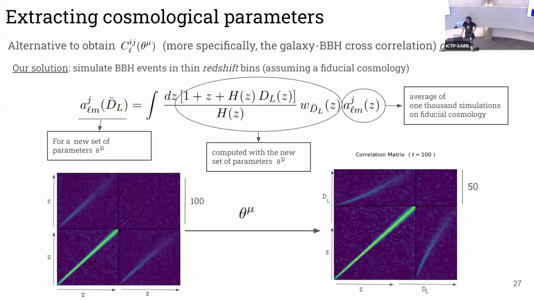Did you try to validate this trick of calculating the ALMs versus just computing 1,000 simulations per cosmology and then compare the chi-squares between the two approaches, this sort of validation?